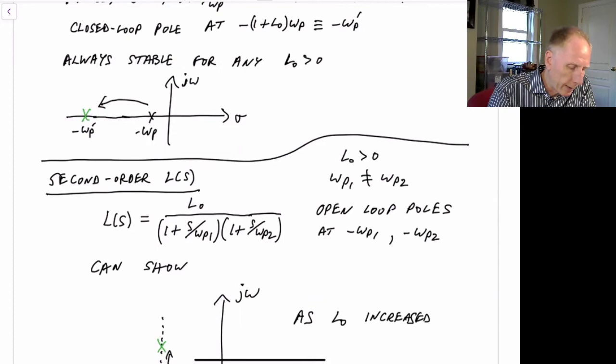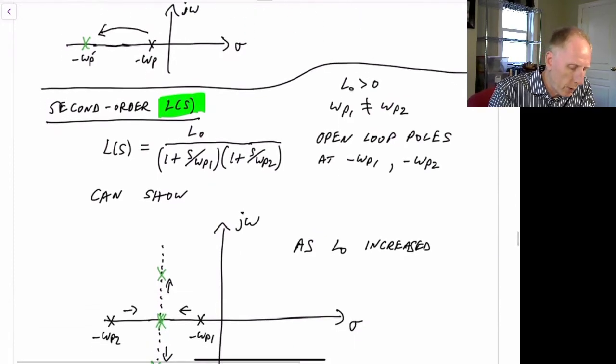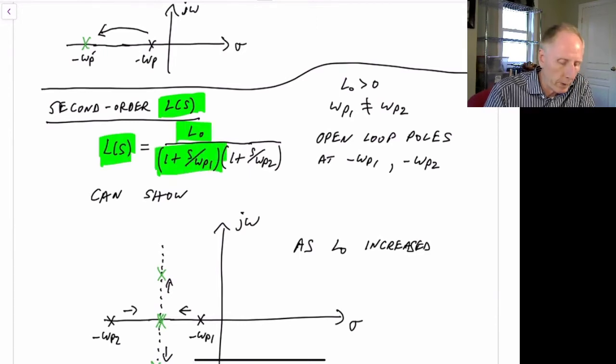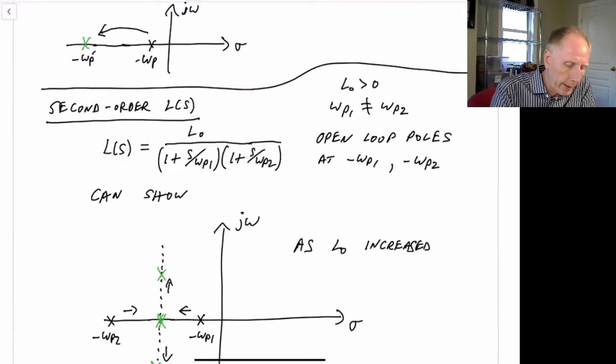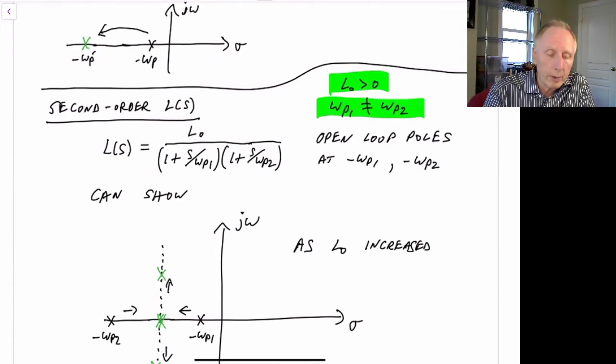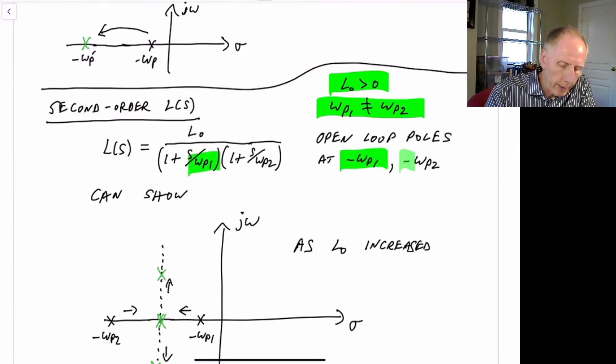So now let's take the case of L(S) being second order. Now L(S) will be shown as this: L naught divided by 1 plus S over omega P1 times 1 plus S over omega P2. Again, we'll assume that L naught is greater than 0 and that omega P1 does not equal omega P2. So the open loop poles of this system, or the poles of L(S), are minus omega P1 and minus omega P2.